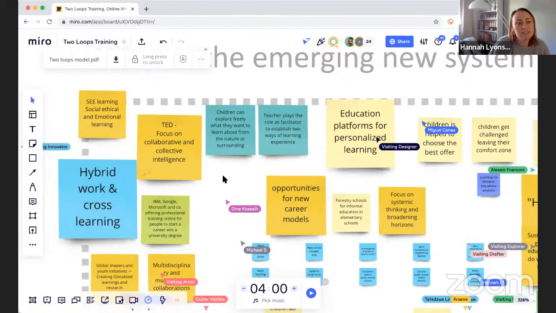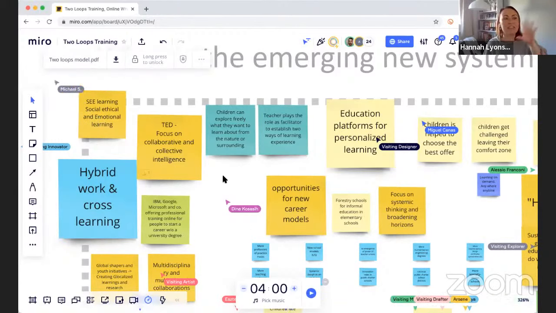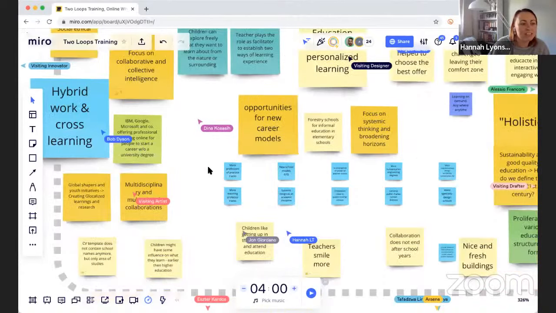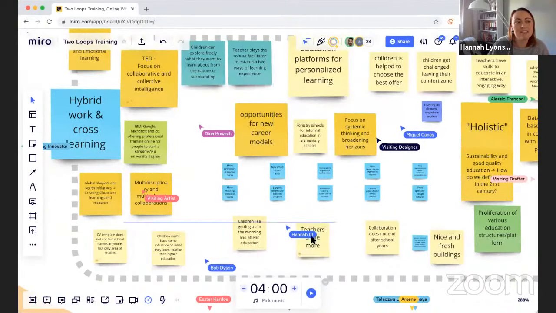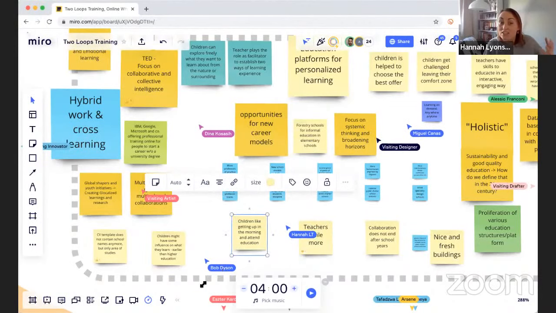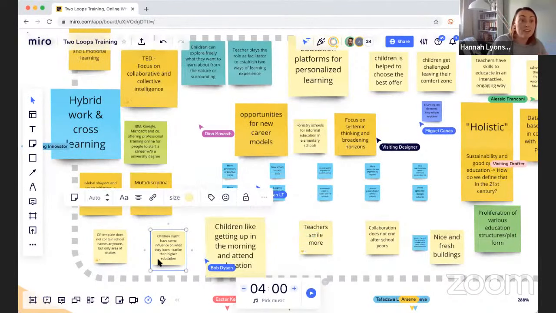There are quite a few interesting ones here that I want to draw a line through, or connect together, about how children are responding to this new way of learning. There's something here around them just wanting to get up and attend in the morning, being free to choose the nature of what they learn and when they learn.